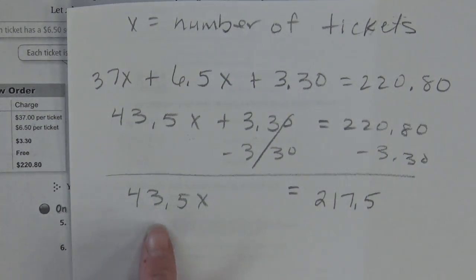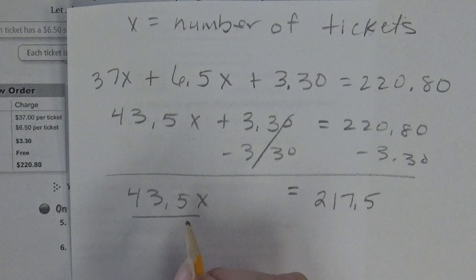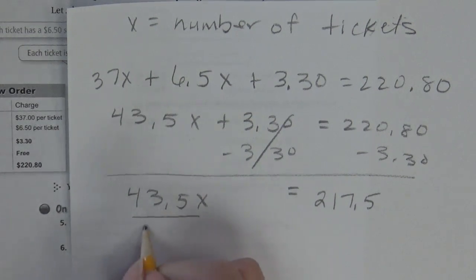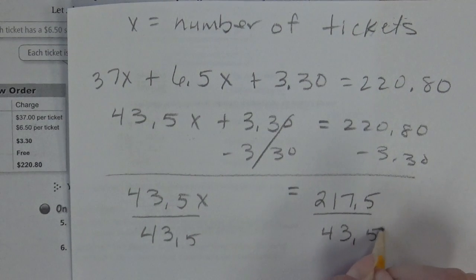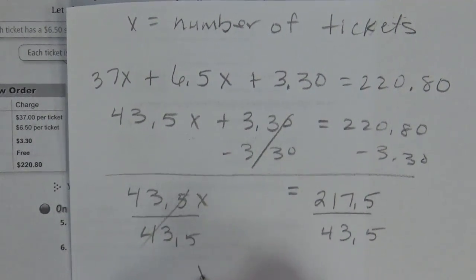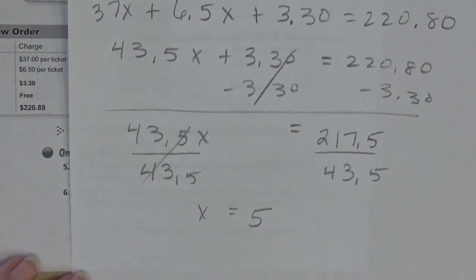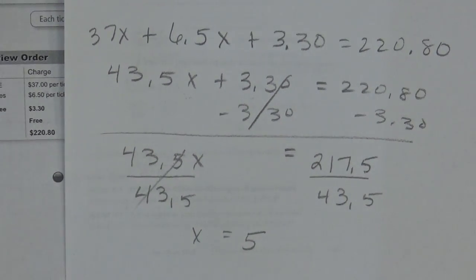And now we'll divide both sides by 43.5 so we can get x by itself. That leaves me with 1x equals 5. So I solved for x and I got a value of 5. What does that mean?